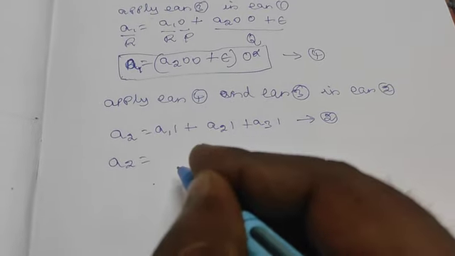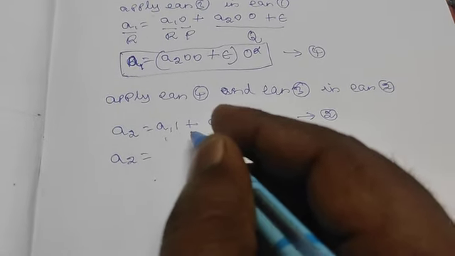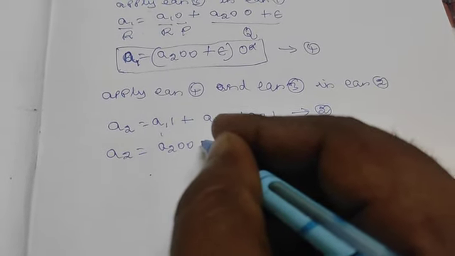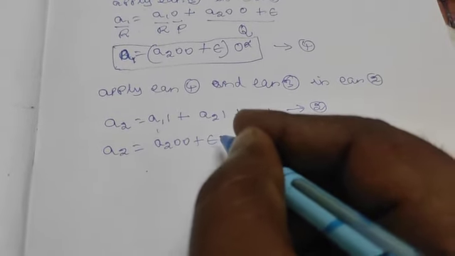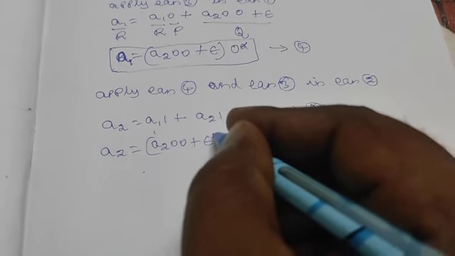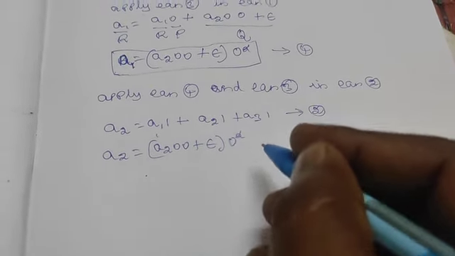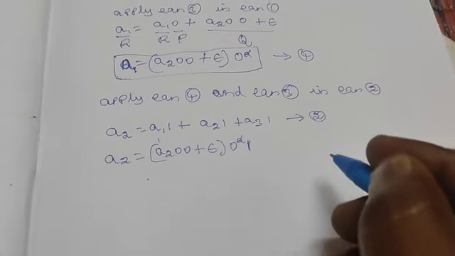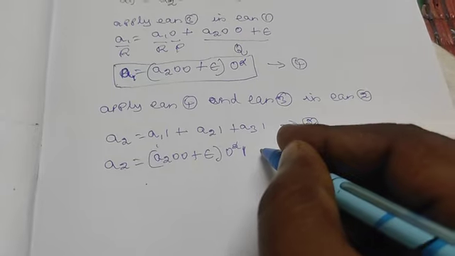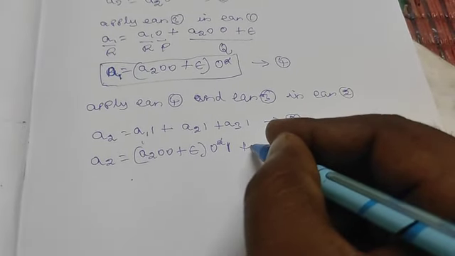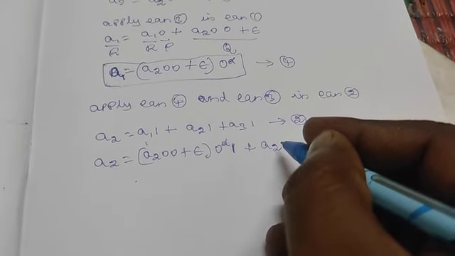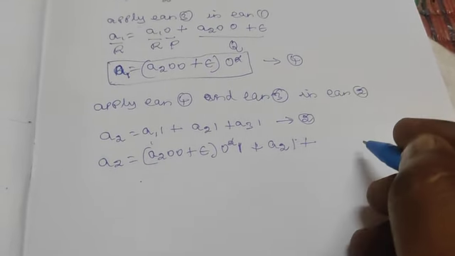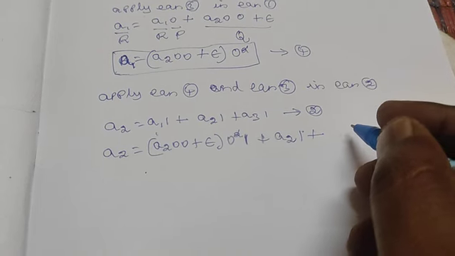So A2 is equal to, instead of this A1, replace it by the corresponding value. So A2 0 0 plus epsilon, then we have 0 star, and A1 1, isn't it? So already 1 is there here, plus A2 1, and now A3 1 is there, okay.